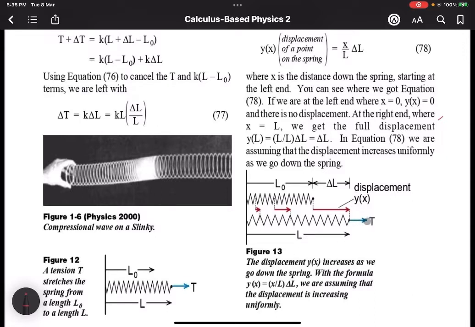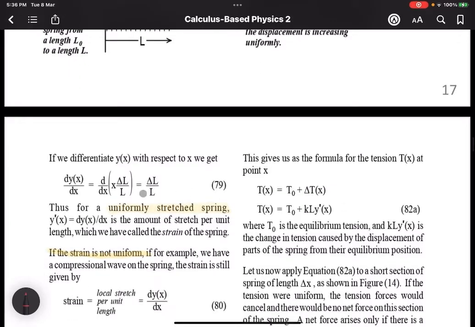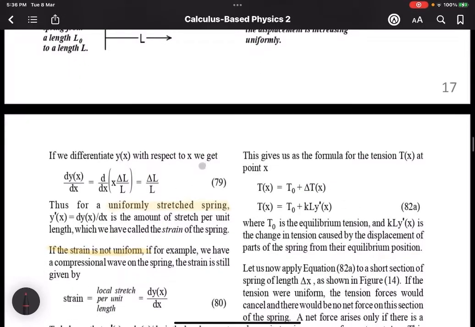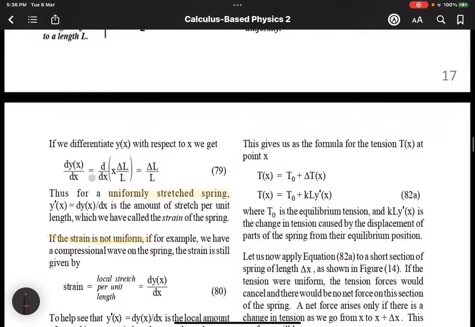And makikita natin dito yung tension. At yung difference, L0 and the full length L, is the change in L, which is represented by our y of x, which is the displacement. So if we differentiate y(x) with respect to x, ito na yung ating derivative.